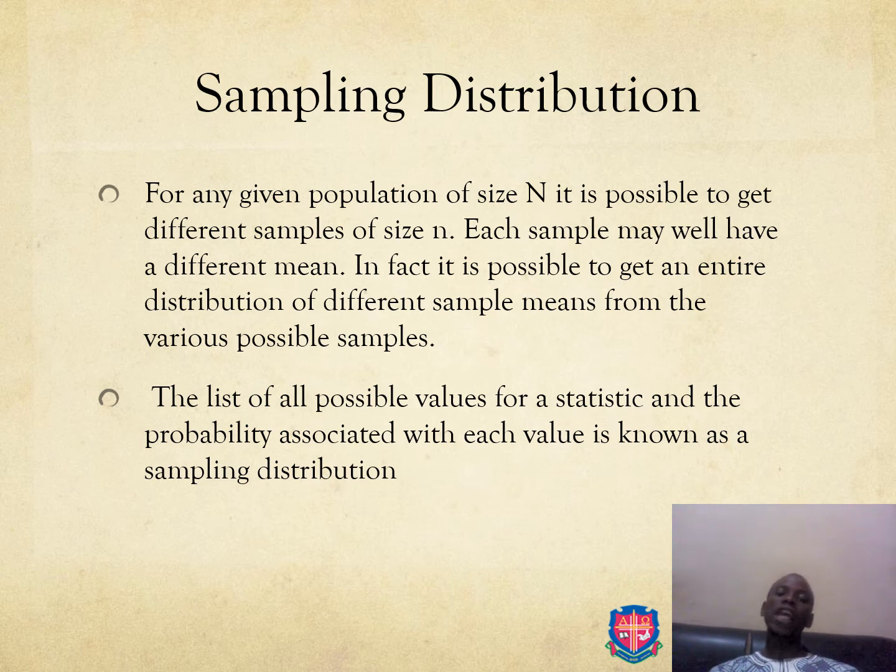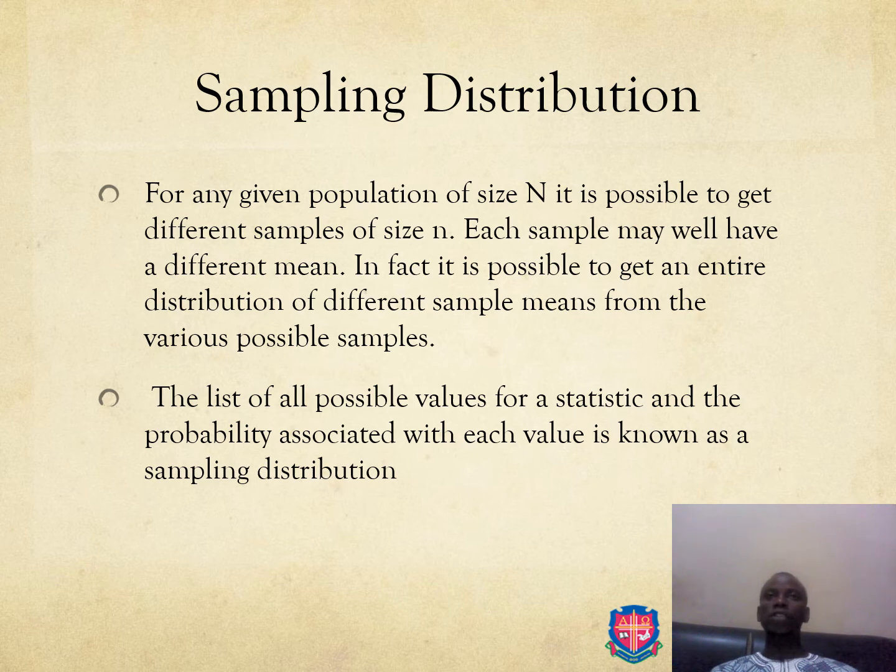So if I have like 5 samples from the same population, and I list all the possible values for a statistic and the probability associated with each value, then I will come up with what we call a sampling distribution. Here I'm talking about a statistic.